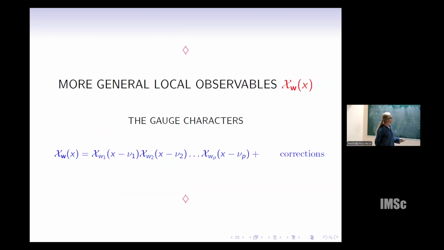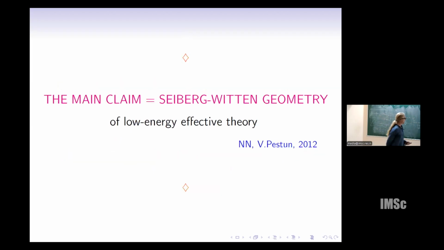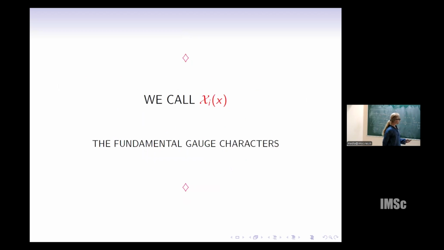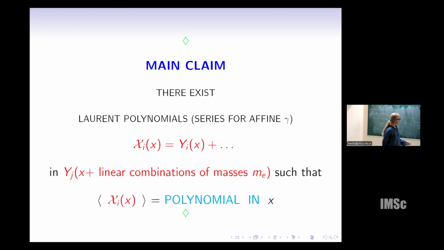And one can define the products. So the main claim is that in the limit epsilon 1, epsilon 2 to 0, this equation, that the expectation value of this observable is a polynomial in X, becomes an algebraic equation, just like the loop equation for the matrix model.